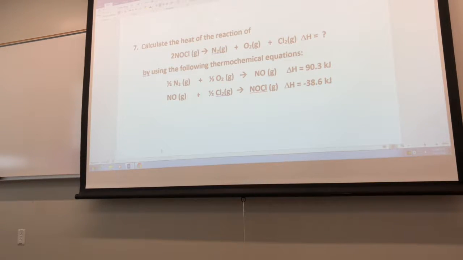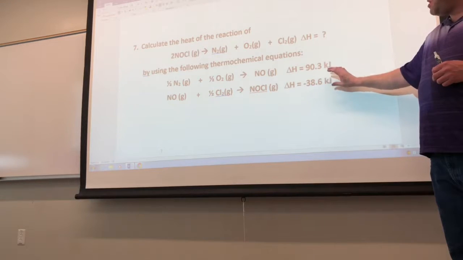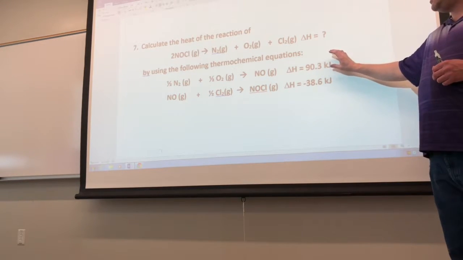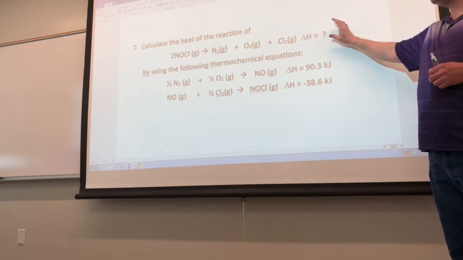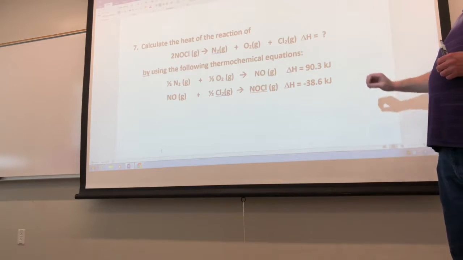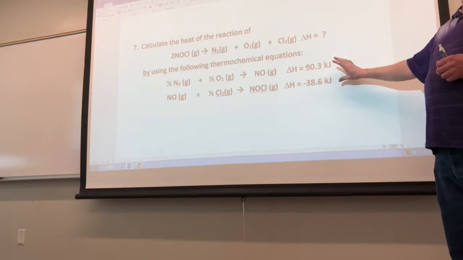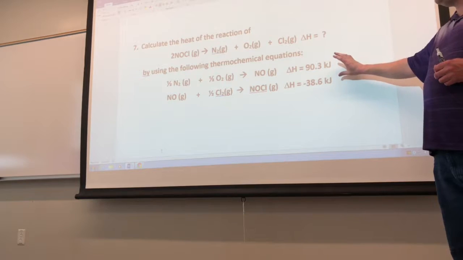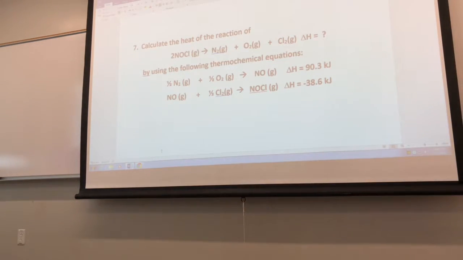But that doesn't mean that you can't look at a series of reactions that might lead to that same overall process. In other words, if I gave you information about, let's say, reactants and products in the top equation, there may be a way to take these equations on the bottom and manipulate them to get the equation on the top, okay?